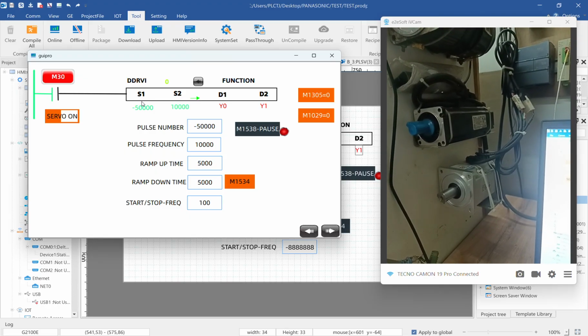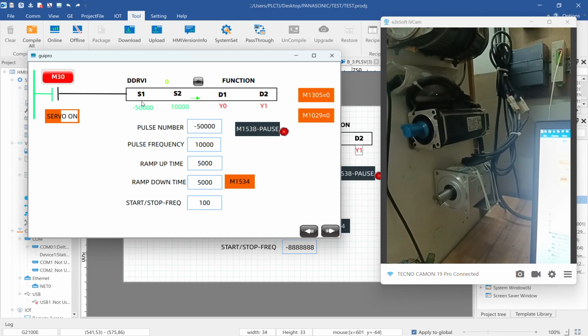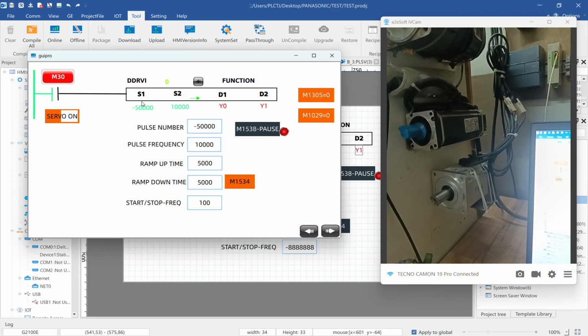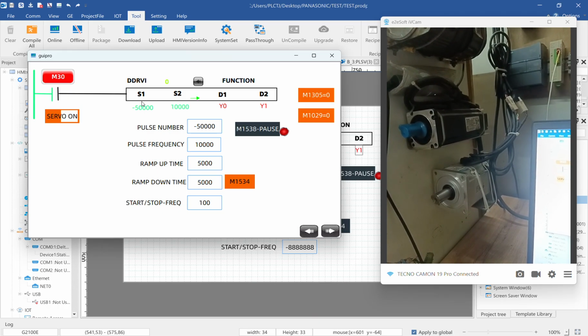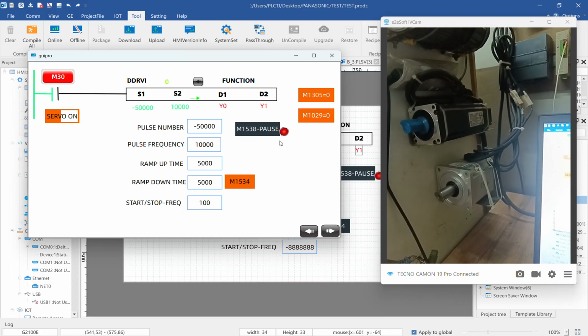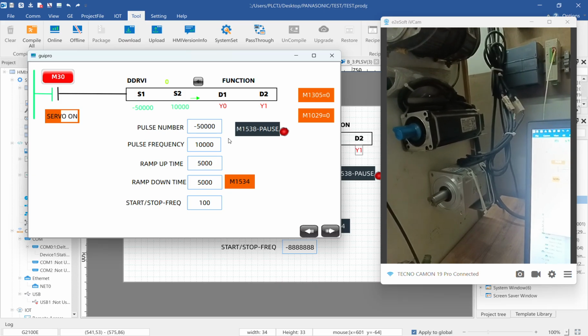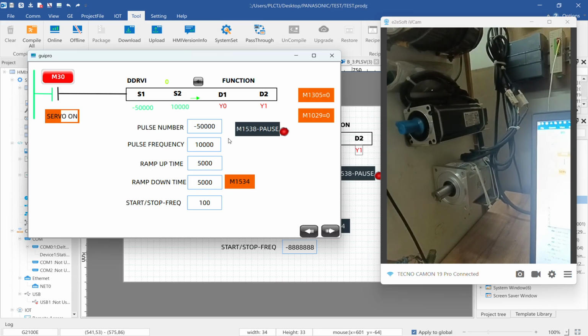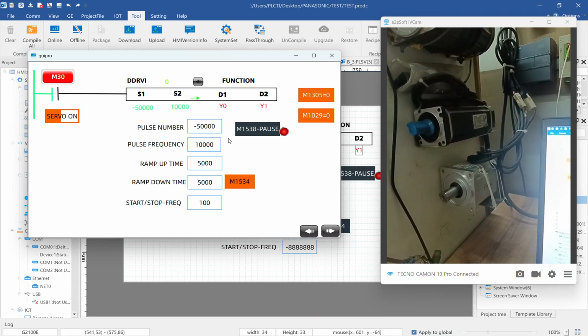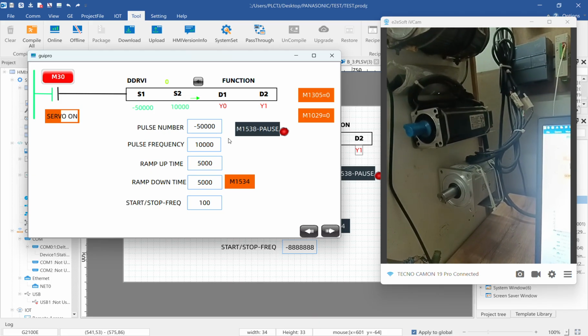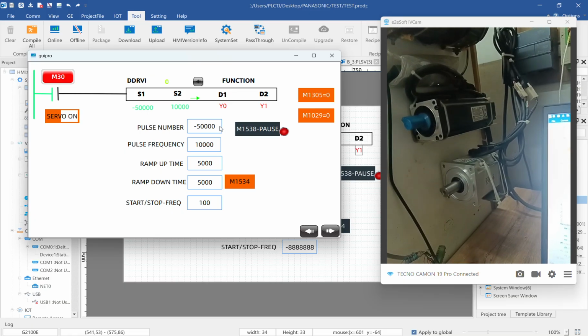We have pulse number, pulse frequency, ramp up, ramp down, and start and stop frequency. And another pause we have here: during the rotation of the motor, we can pause, and when we reset, it continues from that position.